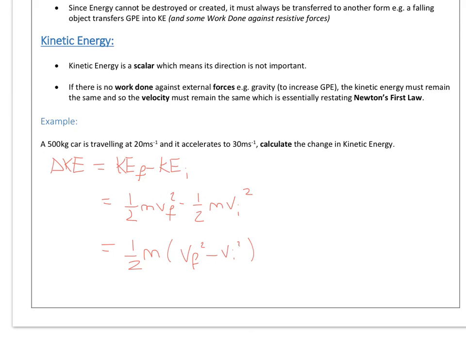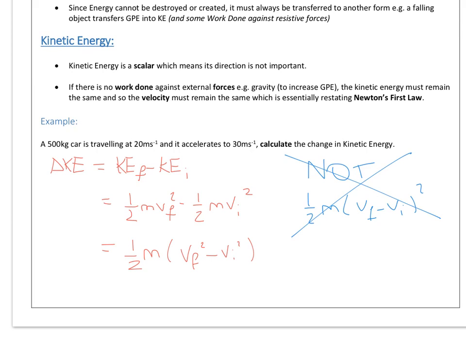As a side note, it is definitely not half m (Vf minus Vi) all squared. It's not that. I've seen a lot of students do this. If you multiply out that bracket, those two expressions are not the same. So be careful.